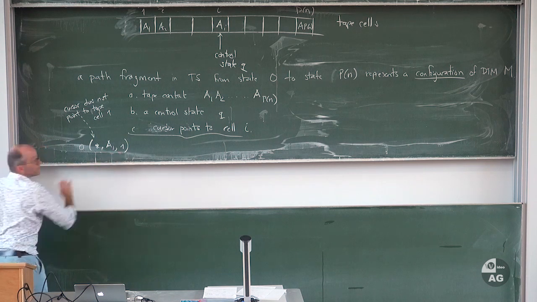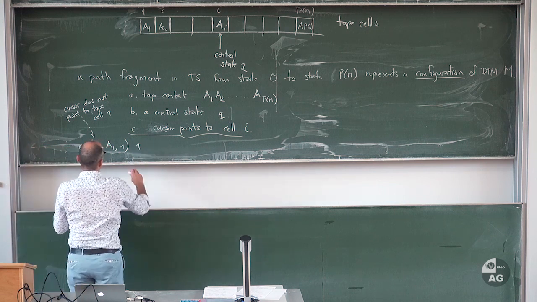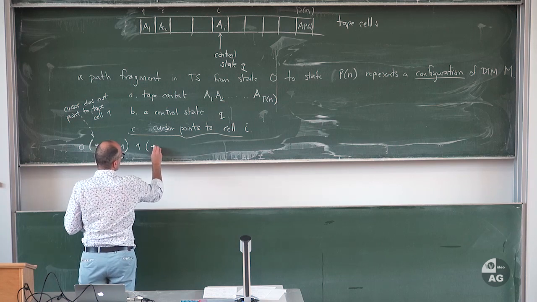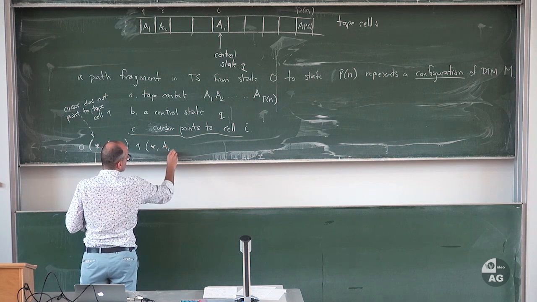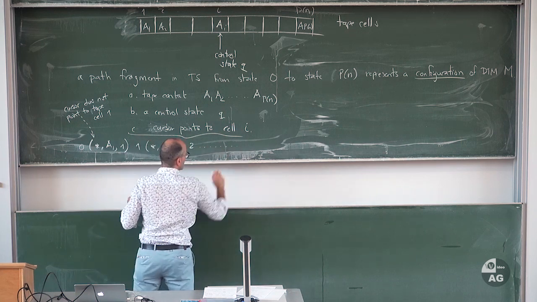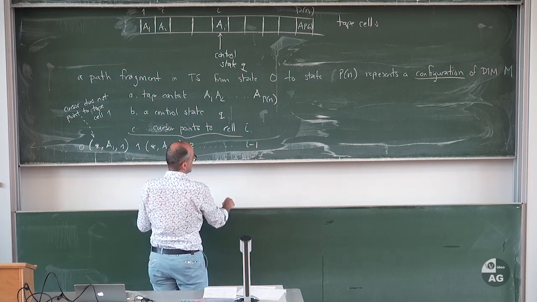Now you go to 1, and you have the same for tape cell 2. Let's assume I differs from 1 and 2. So we have star, A2, 2. Now we get to 2, and this follows like this, up to some position I minus 1.